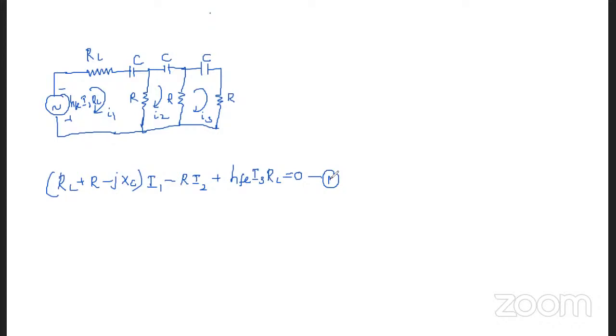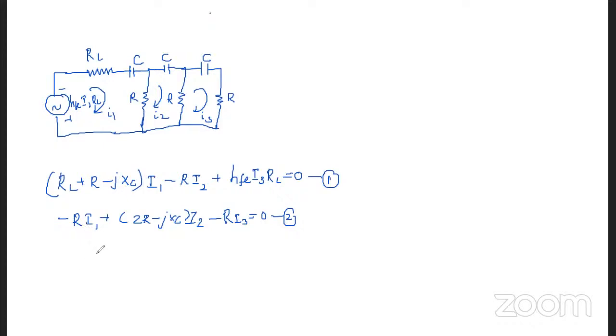So we have applied Kirchhoff's law to all three meshes, and we have got (RL plus R minus jXC) into I1 minus R I2 plus HFE RL I3 equal to 0. Solving this, we get minus R I1 plus (2R minus jXC) into I2 minus R I3, which is equal to 0.